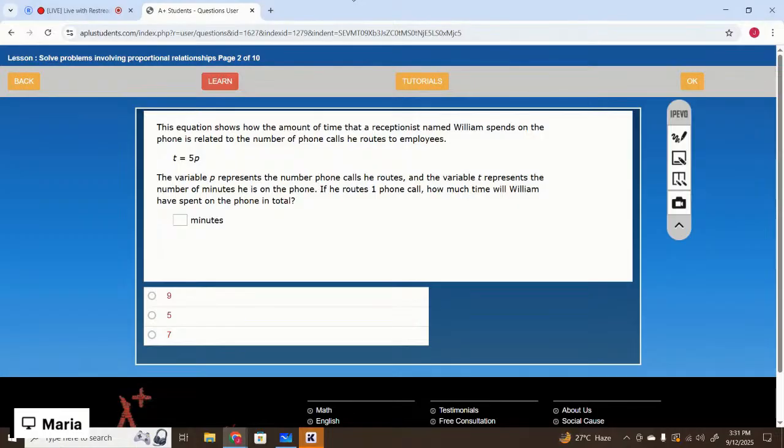This equation shows how the amount of time that a receptionist named William spends on the phone is related to the number of phone calls he routes to employees.